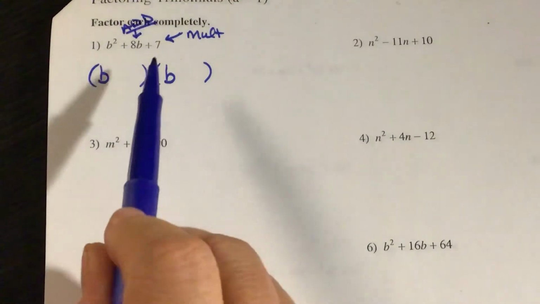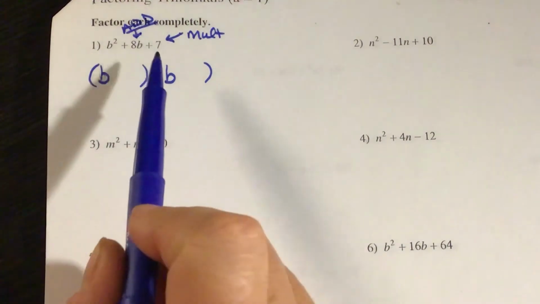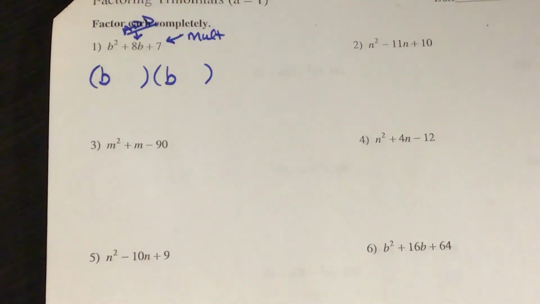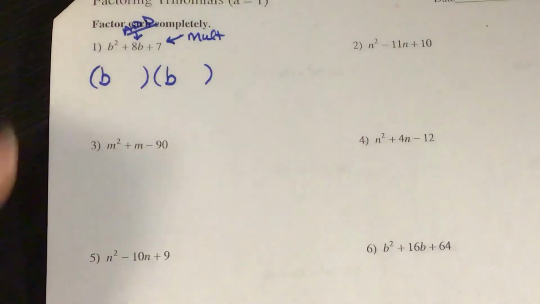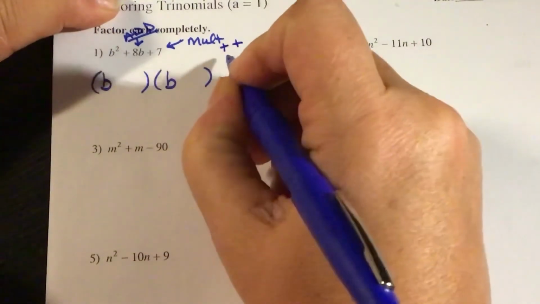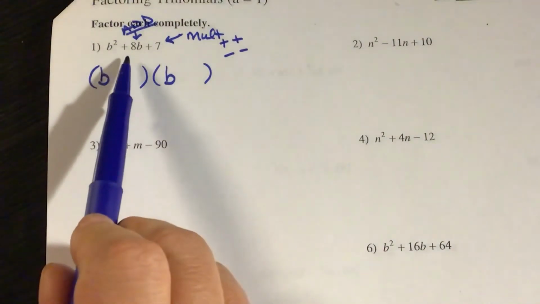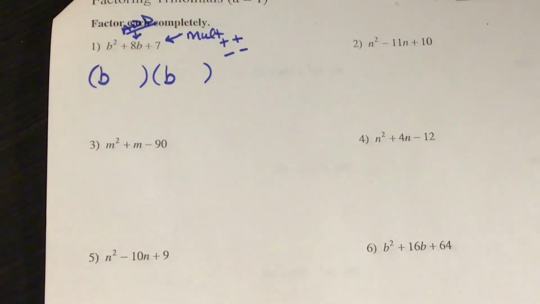All right, so the only numbers that multiply to be 7 are 1 and 7. And because 7 is positive, those signs have to be the same. So they're going to be either positive, positive, or negative, negative, and that's determined by the sign of the middle number.